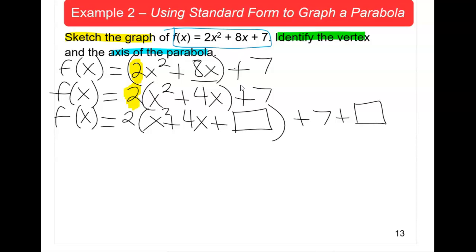Well, it's going to come from half of this number. So half of 4. 4 divided by 2 is 2. And then we're going to square it.